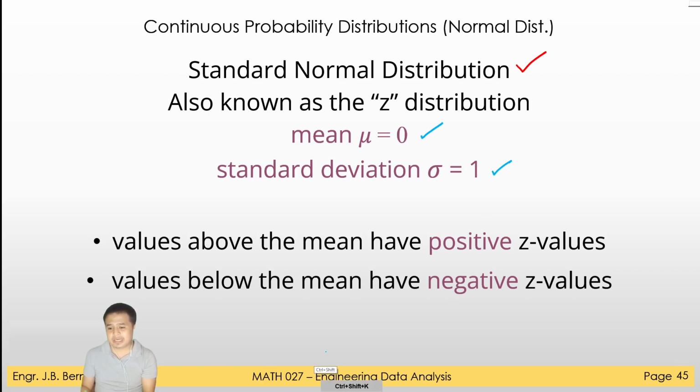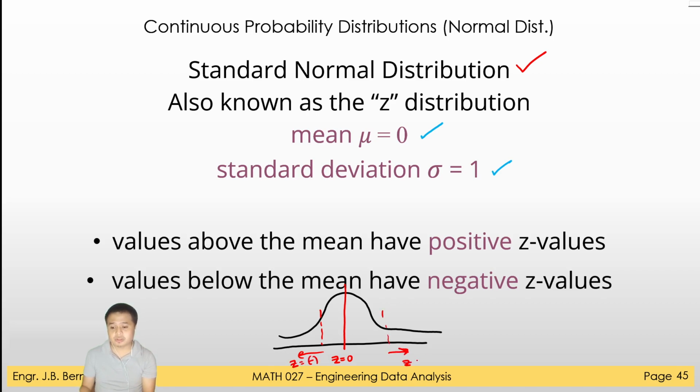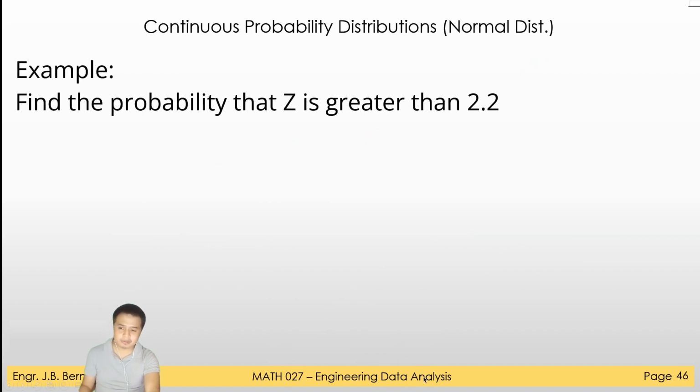If this is your standard normal distribution curve, your middle, or your mean, which is also your median and your mode, has a z-score of 0. A z-score to the left will be negative, and a z-score to the right will be positive. That is one property that you should remember.